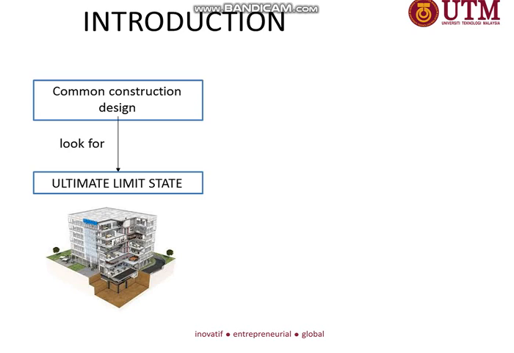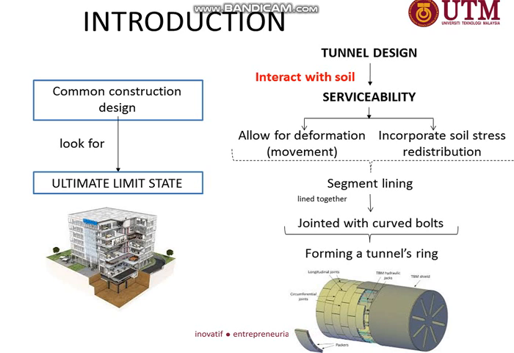As we know, tunnel lining is not similar to a common construction design, where a building will be looked at for ultimate limit state design. But tunnel lining is more on serviceability, because the tunnel interacts with soil and acts as the support system, while at the same time having to allow deformation and incorporate soil stress redistribution.